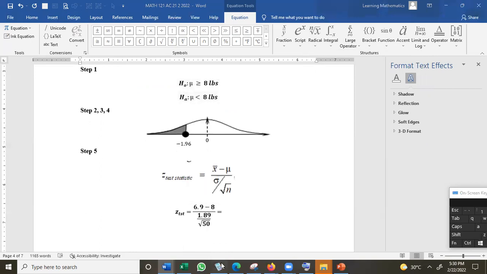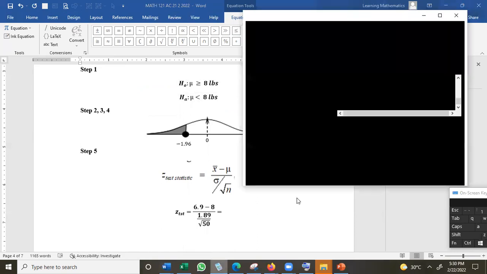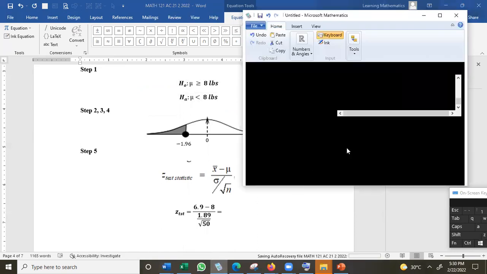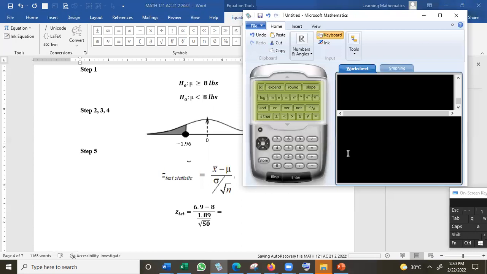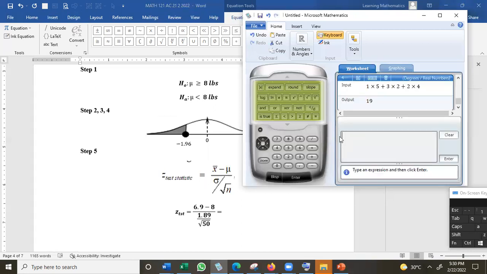Okay, so let's go to calculate the test statistic. So we have a fraction, and be skillful in your calculator. This can be done one time. There's a fraction. Above the fraction, you have 6.9 minus 8. Below the fraction, you've got another fraction, and you have 1.89 divided by the square root of 50.